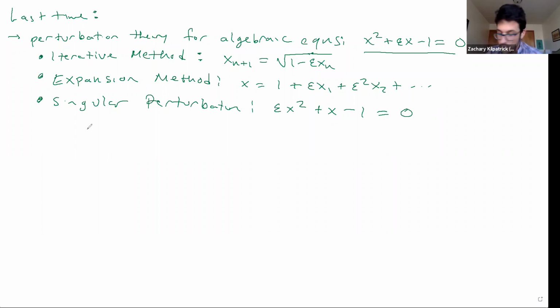Fortunately, in this case, what we found is that to get the singular root, you essentially take x equal to some scaling of 1 over epsilon. In this case, it was just 1 over epsilon.